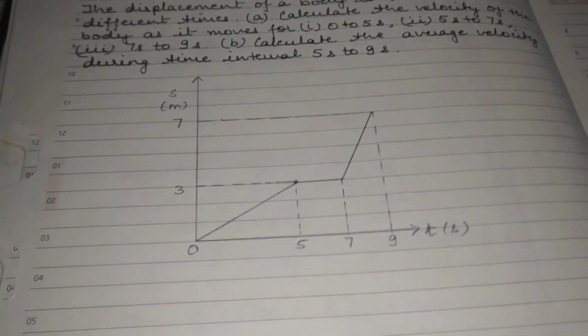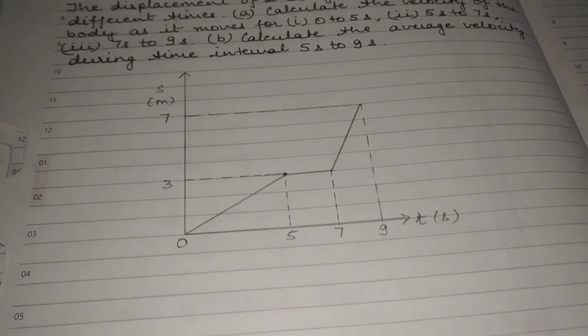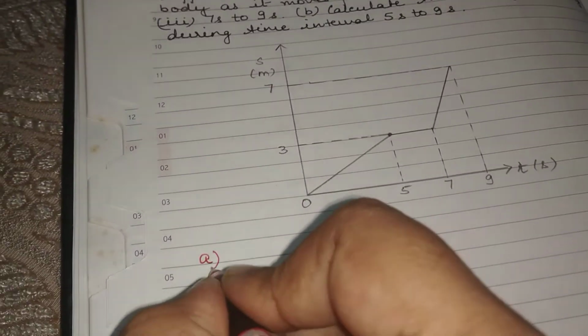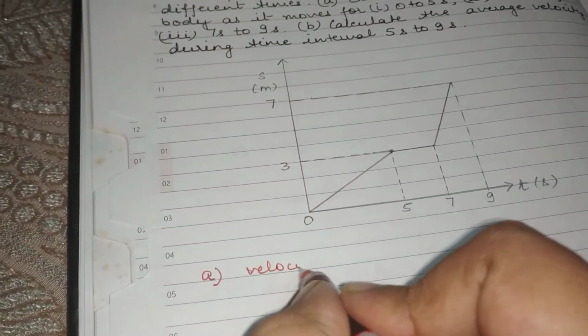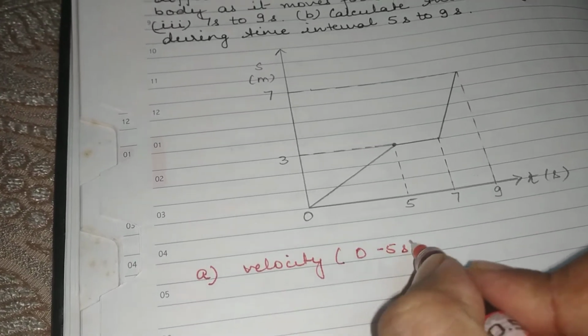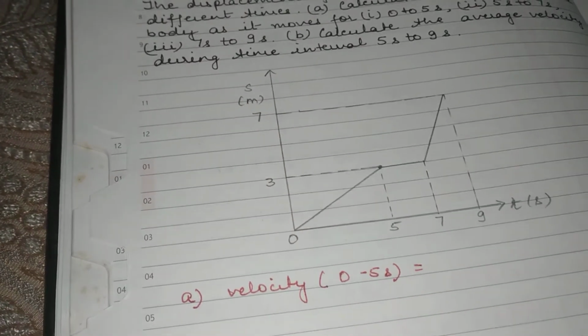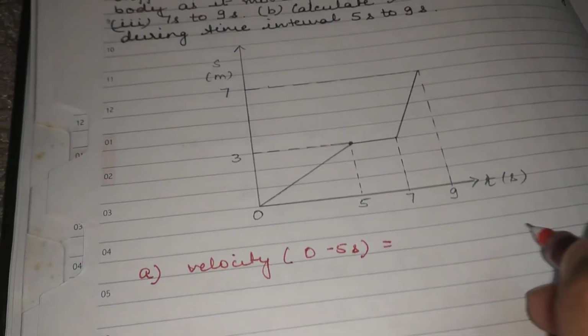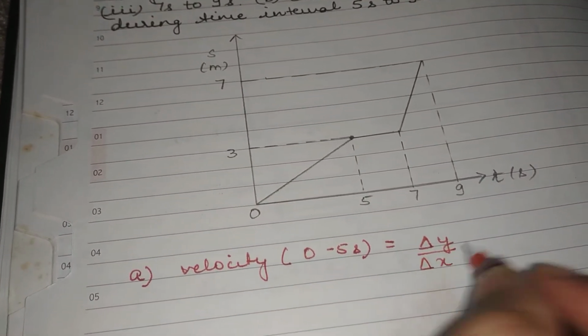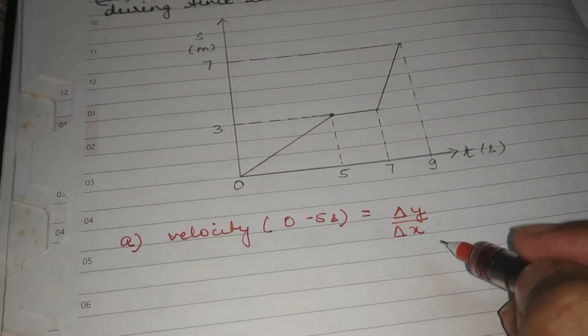So how do you find velocity from a displacement time graph? We find the slope. So in order to find the velocity from 0 to 5 seconds, that means in this part, if you remember, the slope is calculated by using the formula delta y upon delta x.